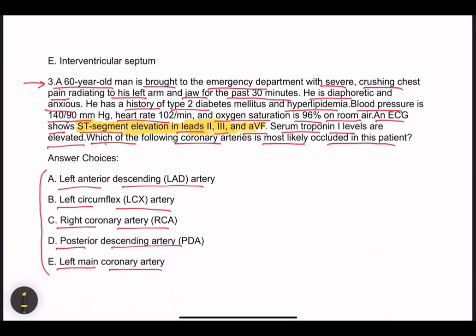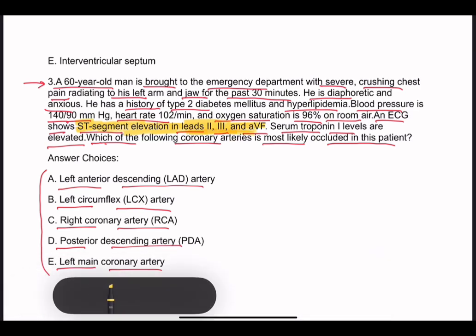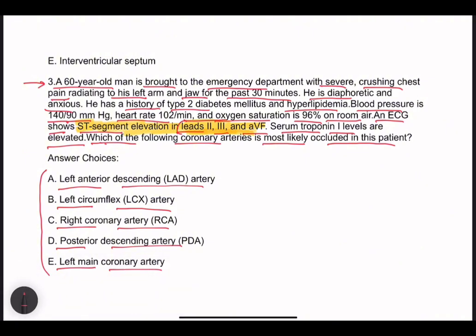These readings show us that a particular segment of the heart or a particular artery has been blocked. Whenever we have an ST segment elevation in leads 2, 3 and aVF, this means that we have a blockade of the right coronary artery.